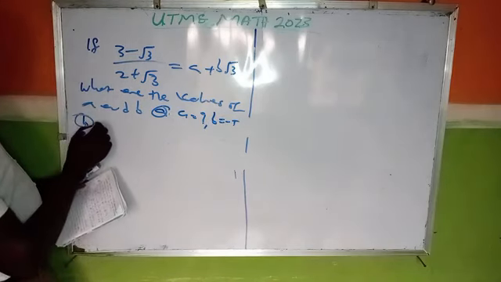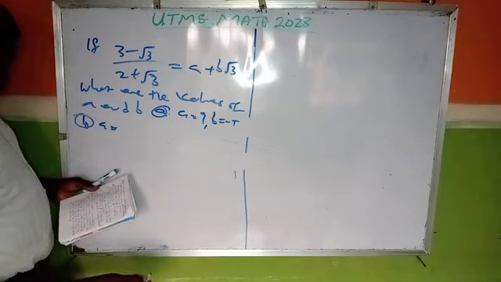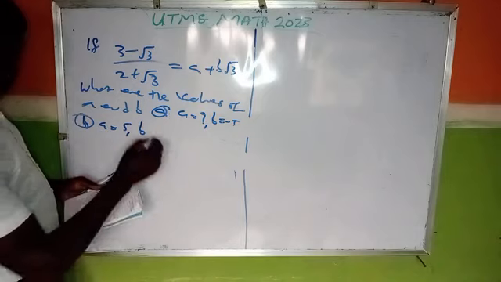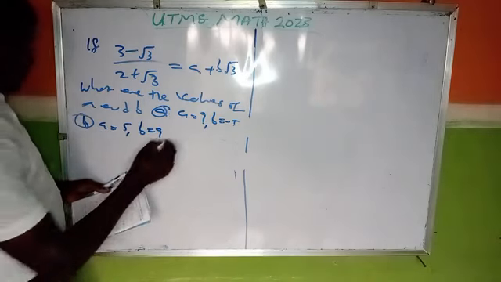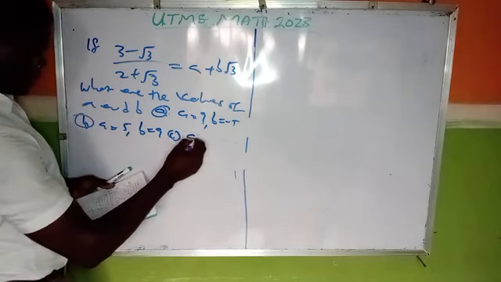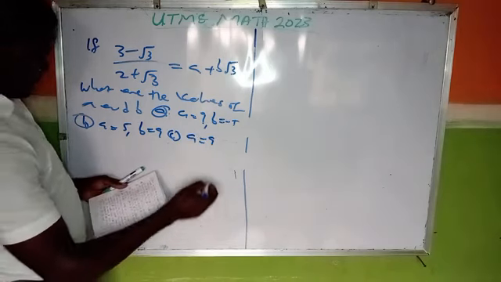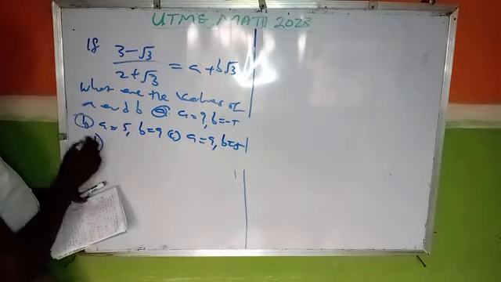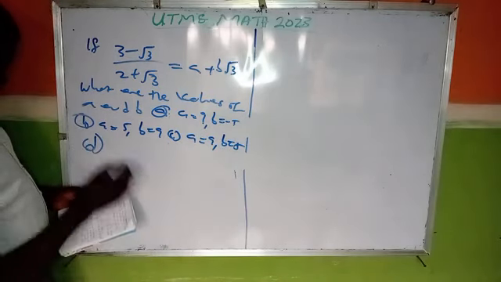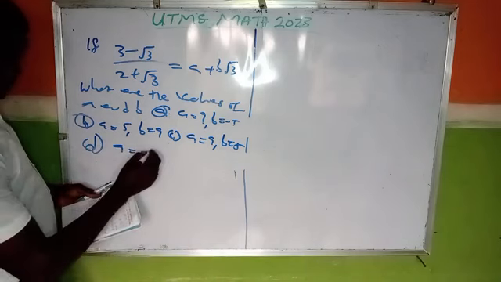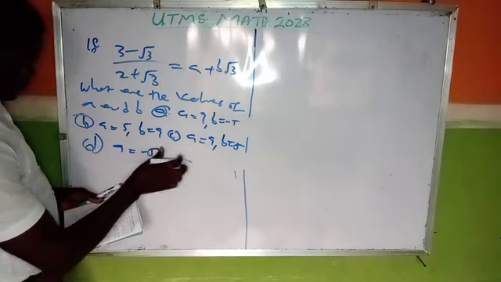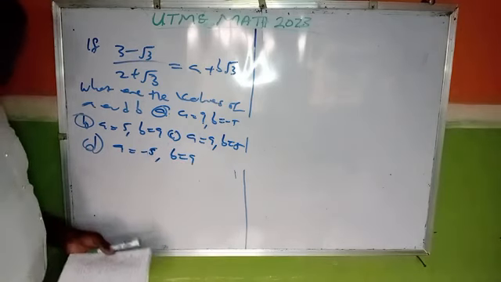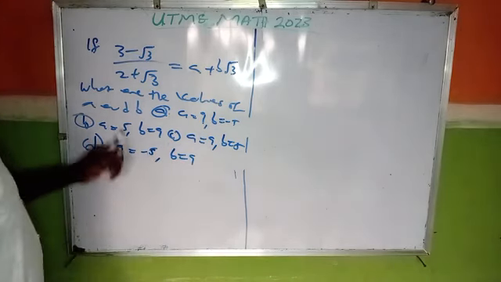Option B: A is 5, B is 9. Option C: A is 9, B is 5. Option D: A is minus 5 and B is 9. So you look at this.